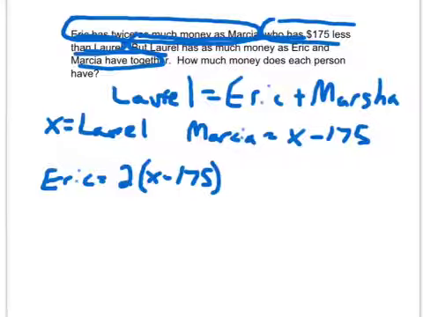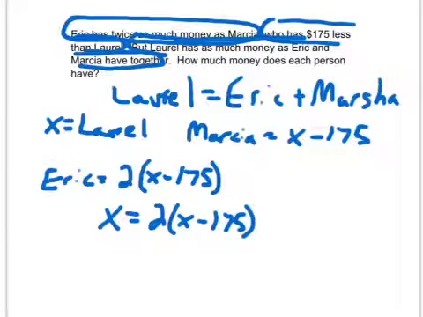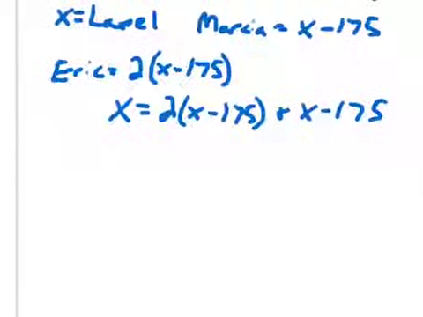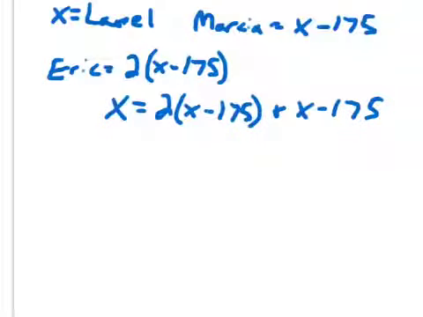Now we just have to plug those into our verbal model. So Laurel is X. Eric is 2 times Marcia's, which was X minus 175. Then I've got a plus sign here, and then I add in how I represented Marcia, which was X minus 175. And now we've got a nice, pretty easy equation to solve here. First thing we're going to do is change subtraction to addition, of course.